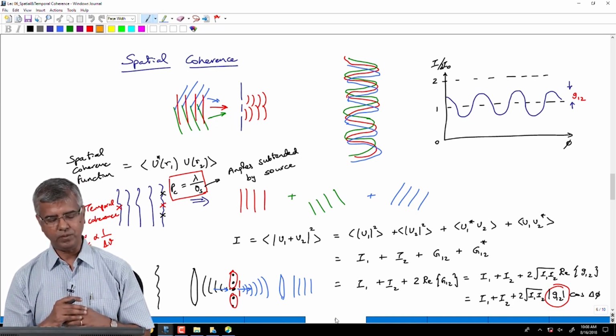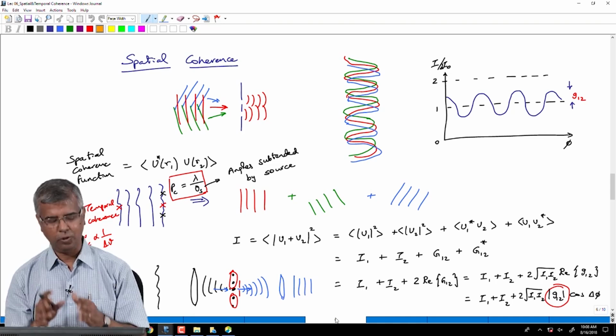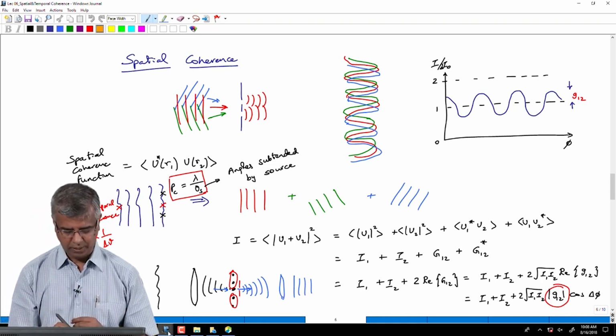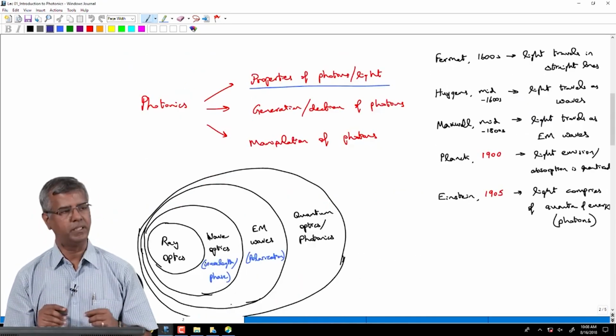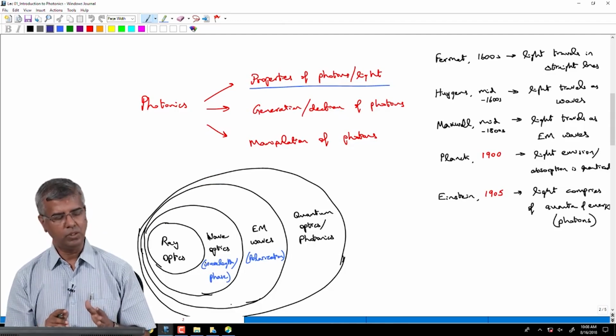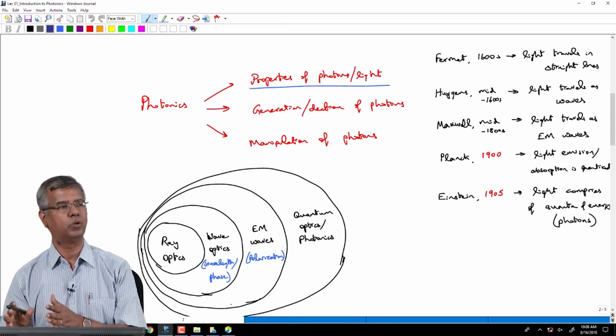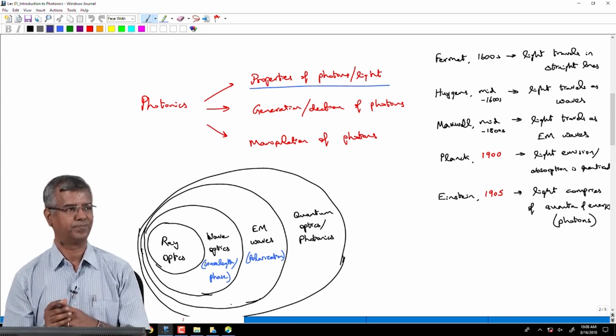So, we are going to come to that, but before we do that, what we wanted to do initially was to go from the wave optics picture to the electromagnetics picture, right.